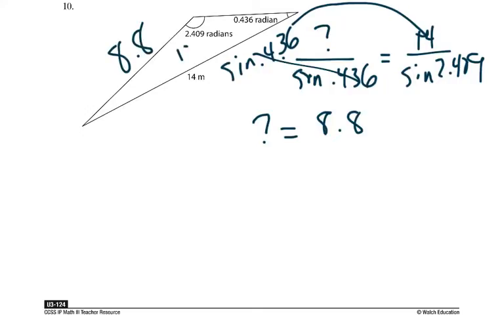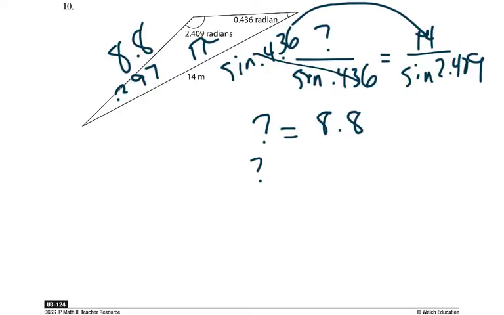Now, remember, we consider a triangle to be 180 degrees. In radians, that's pi. So if I go pi minus 2.409 minus 0.436, we'll get 0.297 if we round the same way they've been rounding.